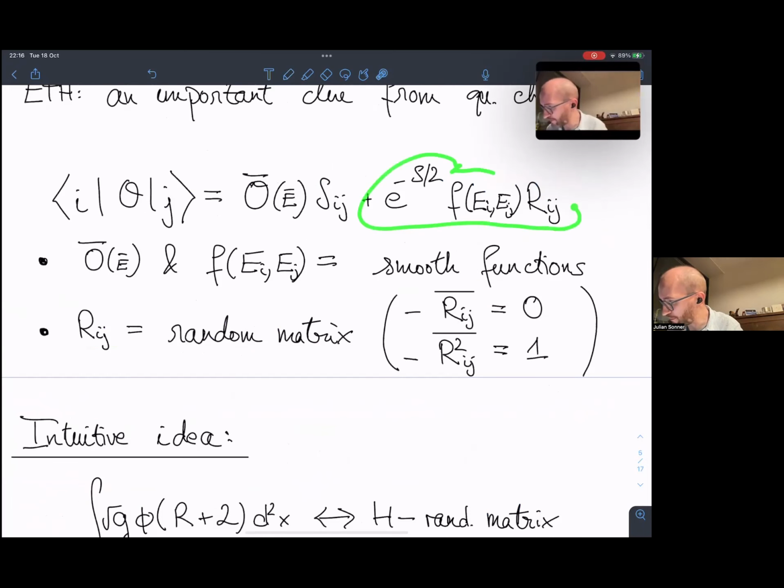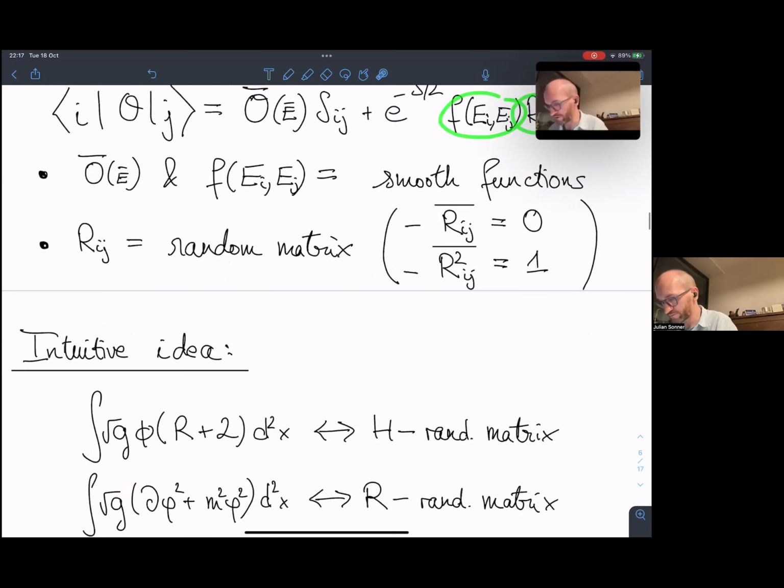This whole object, you could call O_ij by some abuse of notation. So I'm going to call these objects O_ij. They include the smooth function and the random matrix part.